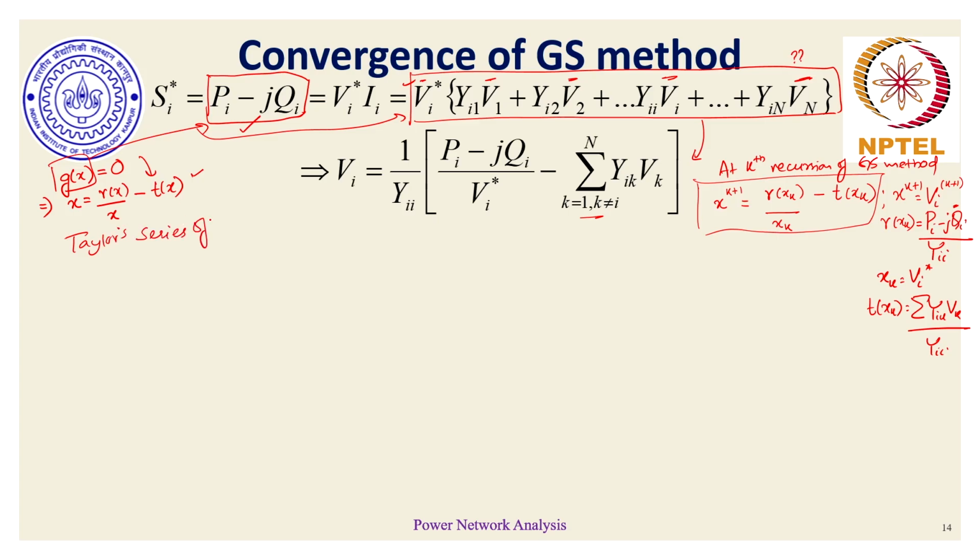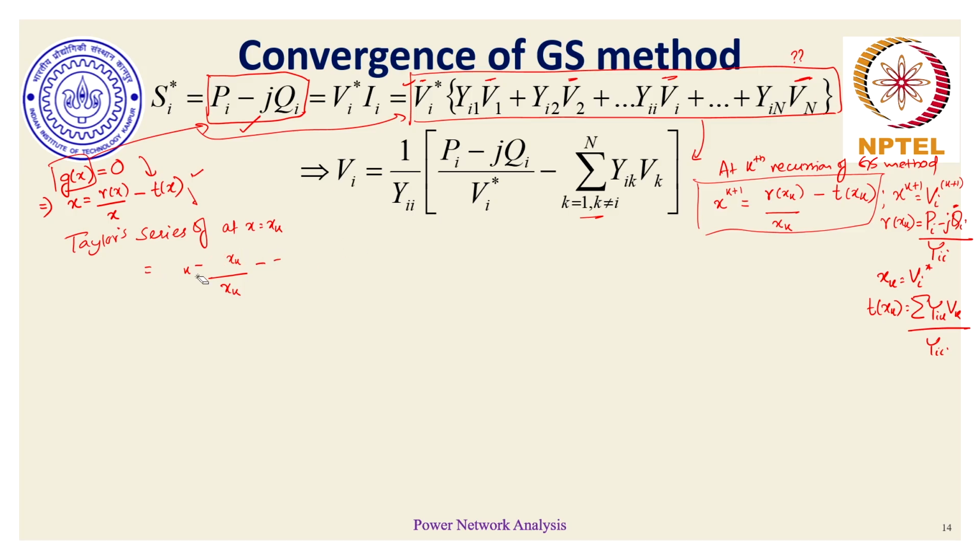And on this equation, if I apply the Taylor series expansion at some value of x equal to x_k, what do I get? I would get x_k minus R(x_k) divided by x_k plus T(x_k).